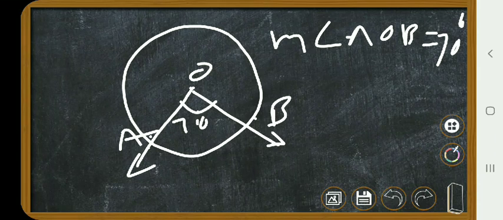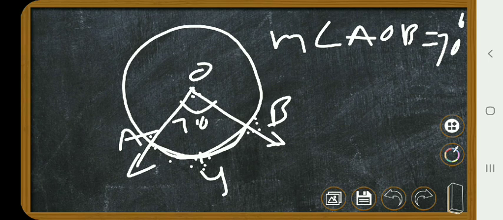Okay, now to find the minor arc, the arc measurement will be the same as the angle made at the center. If you see this, I'll give a point Y. This is angle AOB, and in this angle there is a small arc, arc AYB. So the angle AOB includes the arc AYB, meaning this arc is opposite to angle AOB because it is in front of it.